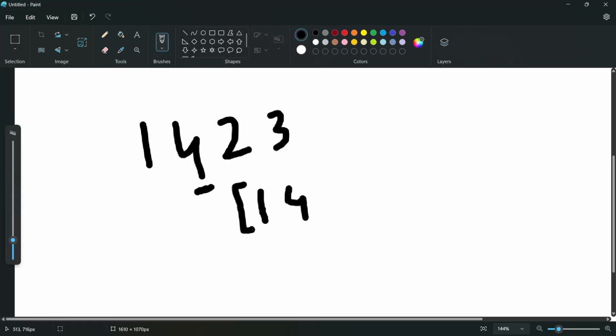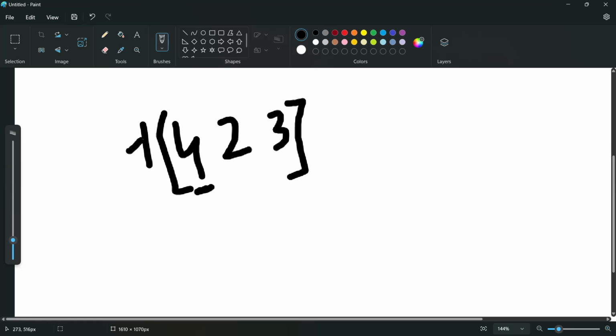Nothing more can be done with this array. But if we remove 1 from this array, then we apply Stalin sort here, what we get is 4. Now since it is a unit array, it is decreasing.